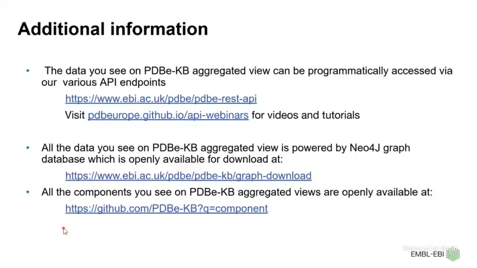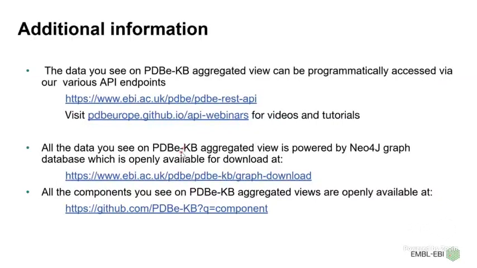Now, apart from these views, all of the data which you saw on the PDBe KB Aggregated Views, you can access programmatically via our API endpoints. And here are the links. This is the link for the tutorial and videos on using those API endpoints.